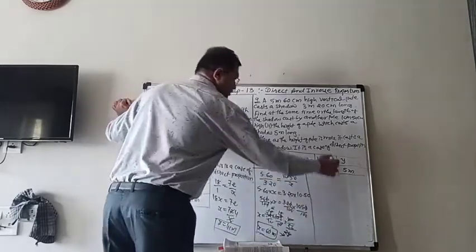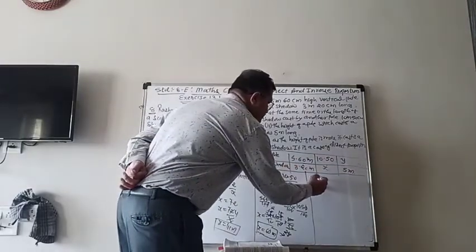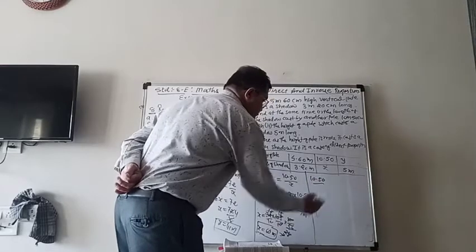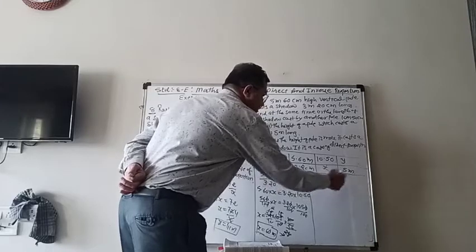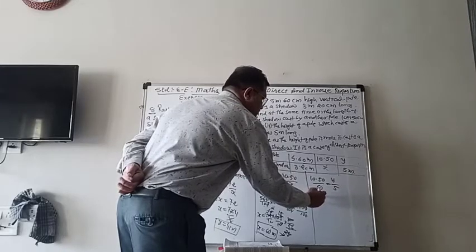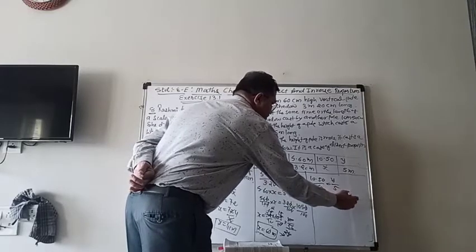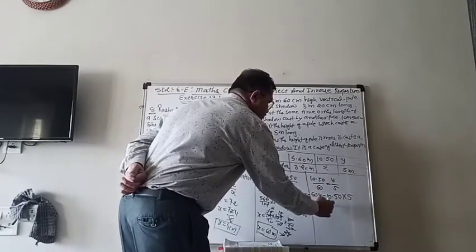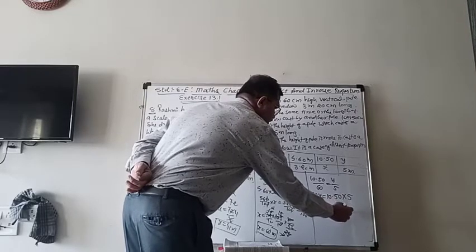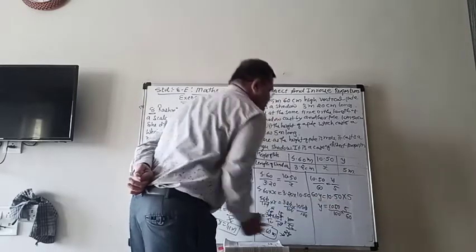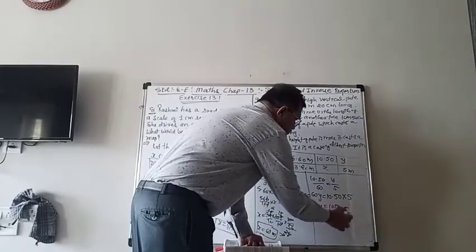Similarly, we have to take another, that 10.50 upon 60 is equal to y upon 5. So by cross multiplication, 60y is equal to 10.50 multiplied by 5. So y is equal to 1050 upon 100 into 5 upon 60. So now zeros cancel.